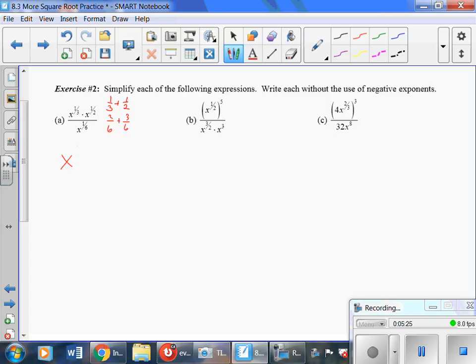So adding them together, you get x to the 5/6 over x to the 1/6. So when you have the same base, we keep the base and we subtract the exponents. So this is easy enough to do. 5/6 minus 1/6 is x to the 4/6, which we can reduce to x to the 2/3.